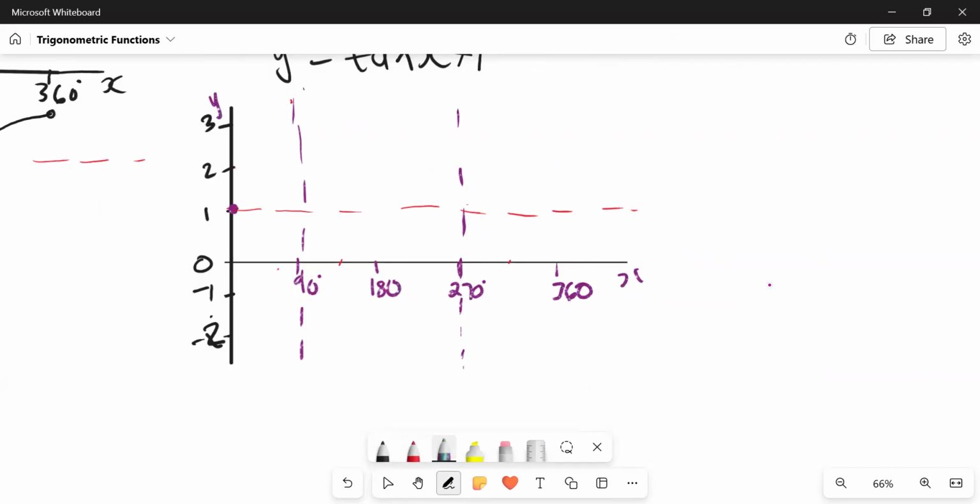Since the sign is positive, the graph will go up. At 180, it goes down. And then up again. At 360, it goes down. Right? So your graph was supposed to be at the origin, but now it went up 1 unit. Hence I'm saying plus 1 there.